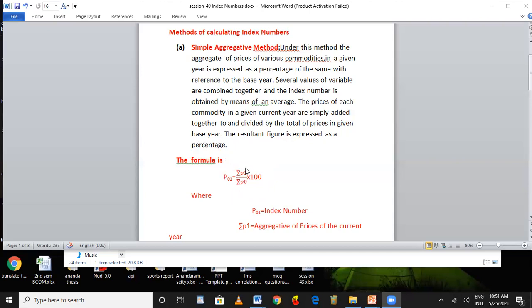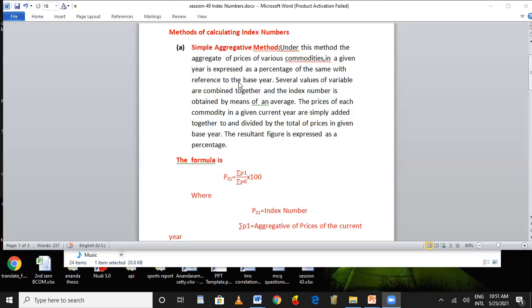Here, the total of the prices of the current year is divided by the total of the prices of the base year. You will get a decimal fraction. That fraction has to be multiplied by 100, so that we get P01. P01 means the index number. So this formula has to be used in order to obtain the index number according to the simple aggregative method.